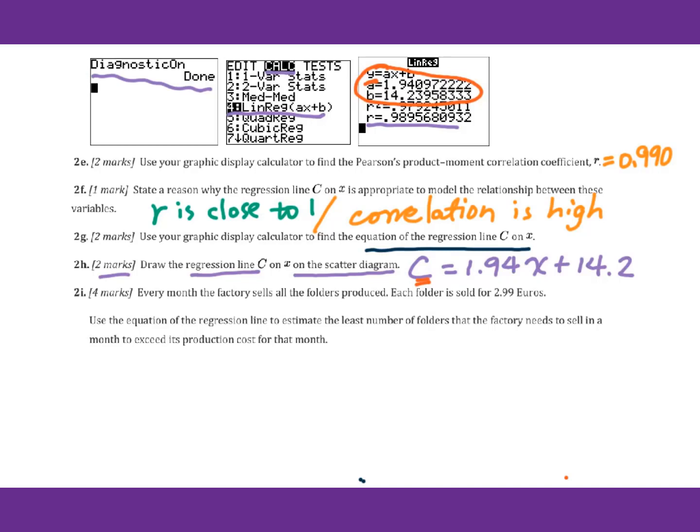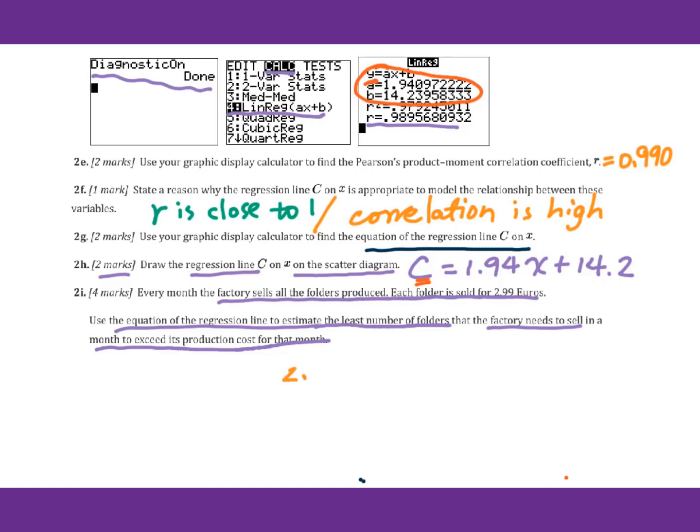For 2I, each month the factory sells all the folders produced. Each folder is sold for 2.99 euros. Use the equation of a regression line to estimate the least number of folders that the factory needs to sell in a month to exceed its production cost of that month. We sold the folder for 2.99 euros.